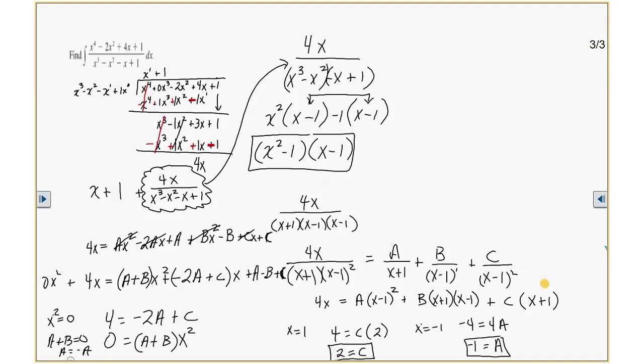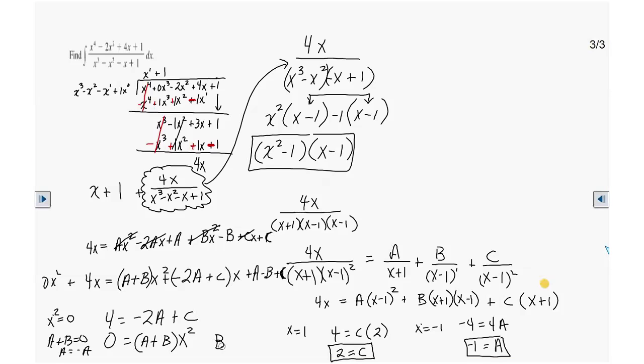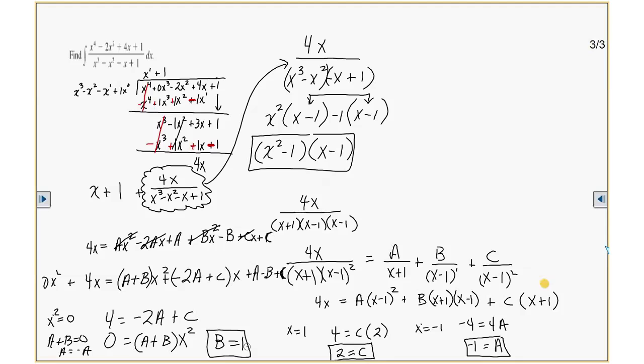Yep, that's right. So now, don't forget what we found. What did we find? B. B is equal to 1. So now, I'm not going to put this on the test.